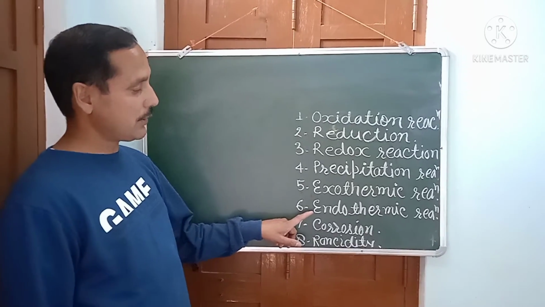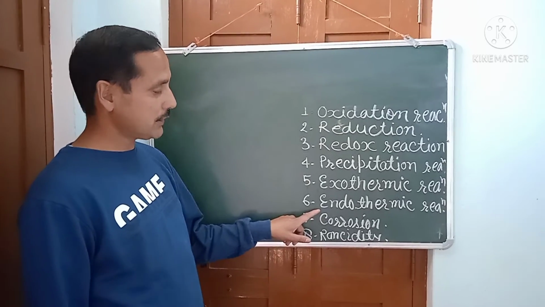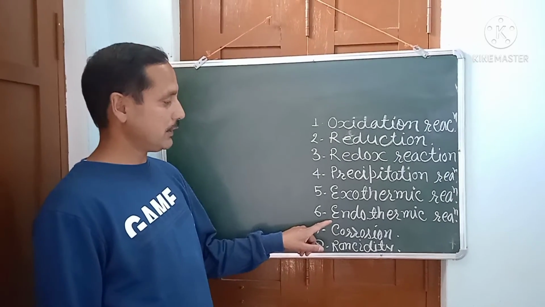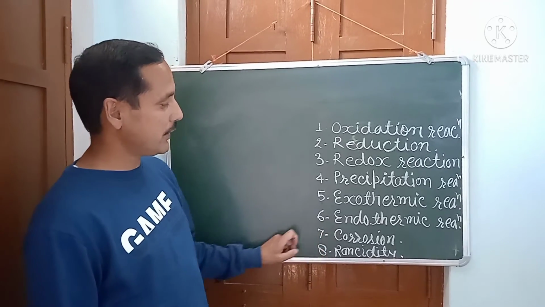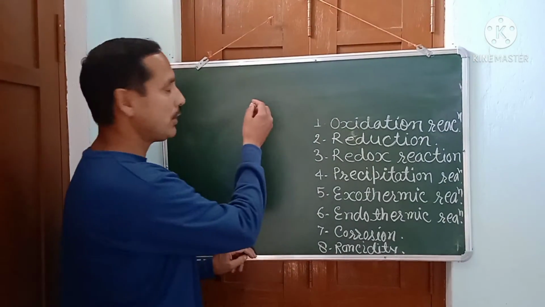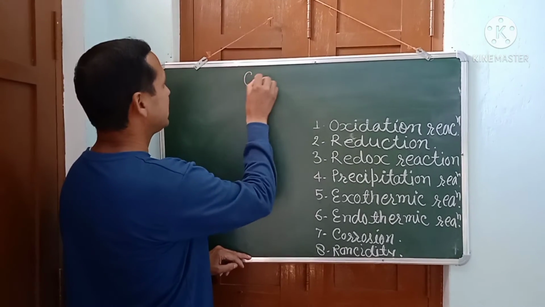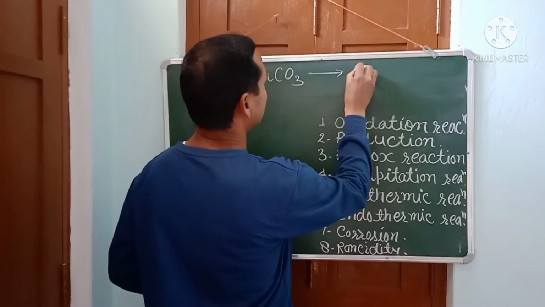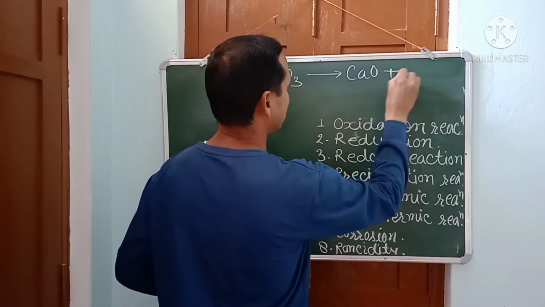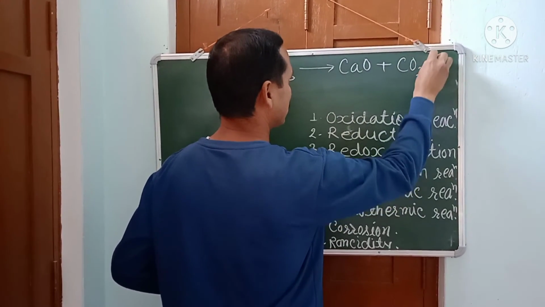Next reaction is endothermic reaction. Such a chemical reaction in which heat is absorbed during the reaction is called endothermic reaction. You have seen an example: calcium carbonate breaks down into CaO and CO2.